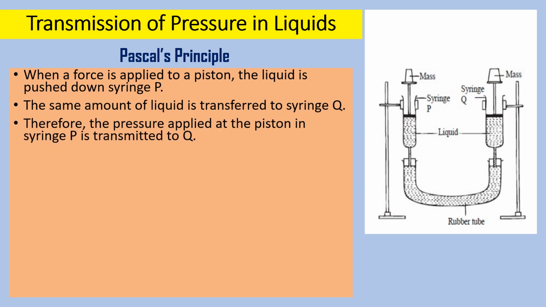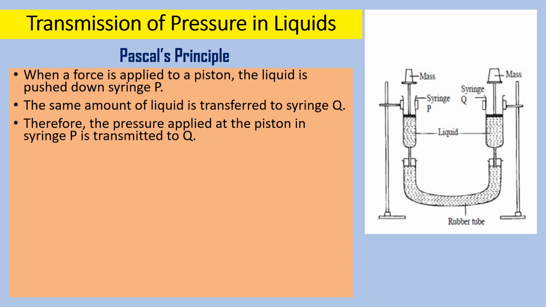So therefore, we can say that the pressure applied at the piston in syringe P, we expect it to be transmitted to syringe Q, the same amount of pressure. So it's the same because the same amount of liquid is being transported.